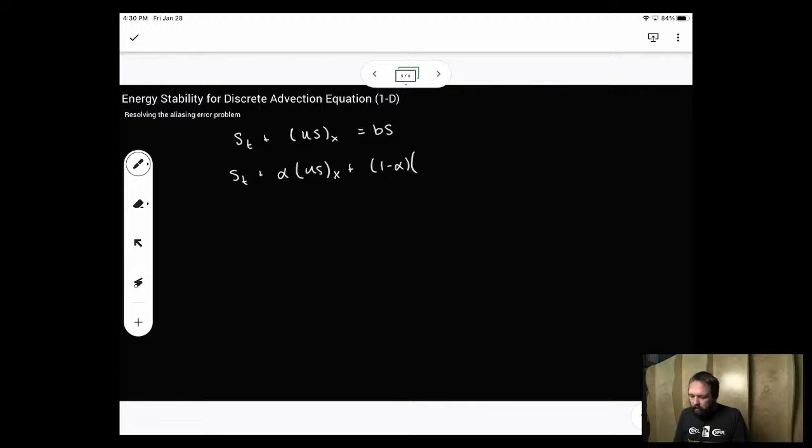If we start in this form and come up with a stability bound, we can use this free parameter alpha to get the aliasing errors to cancel out. That's the gist of it.